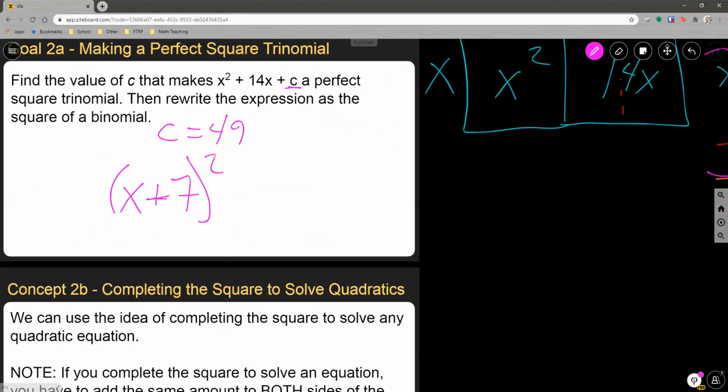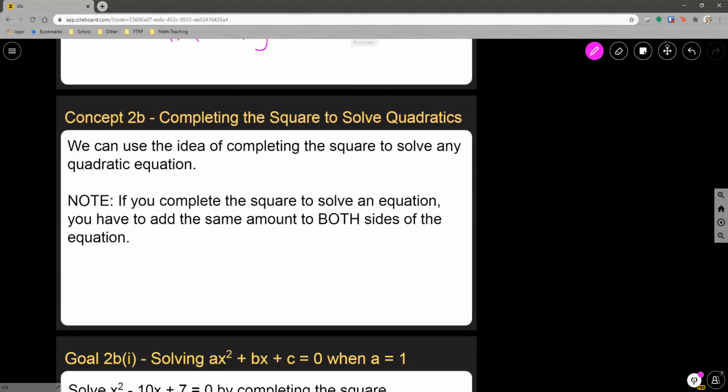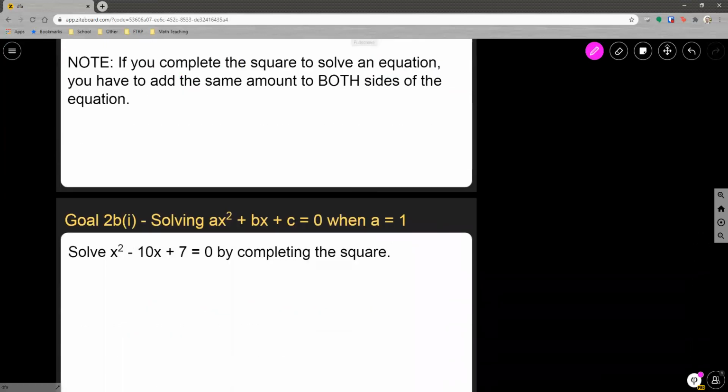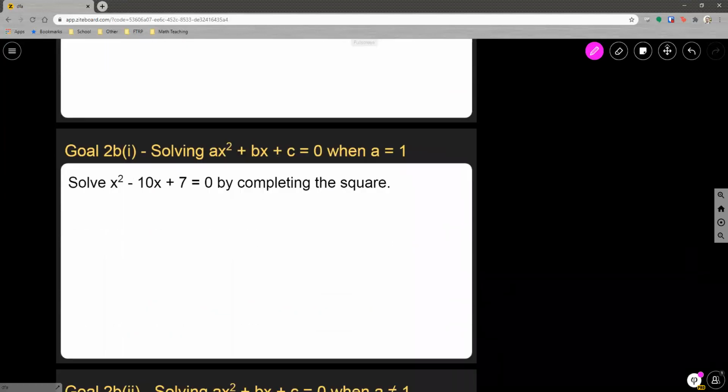So let's go ahead and do some examples to see what we mean. And I'll fill in a little bit more information as we're going. So I'm solving a quadratic in the form ax squared plus bx plus c equals 0 when the a value is equal to 1.